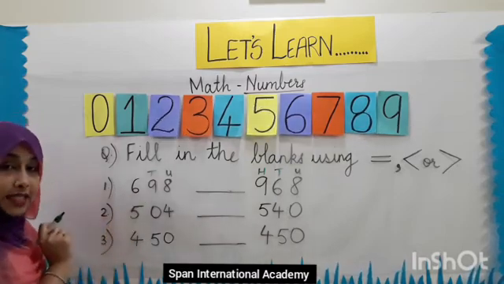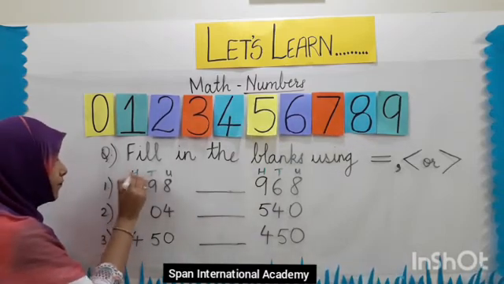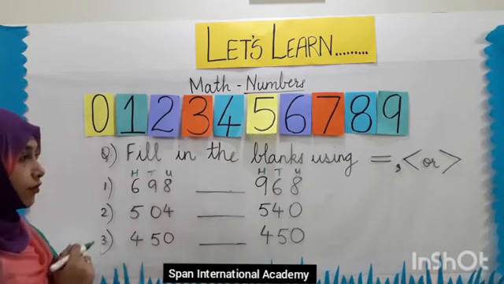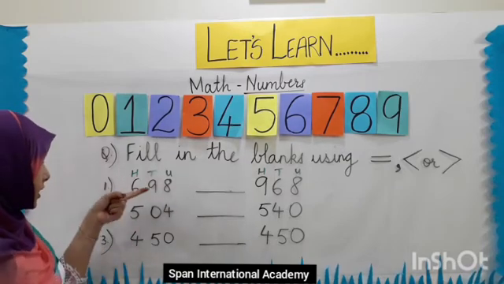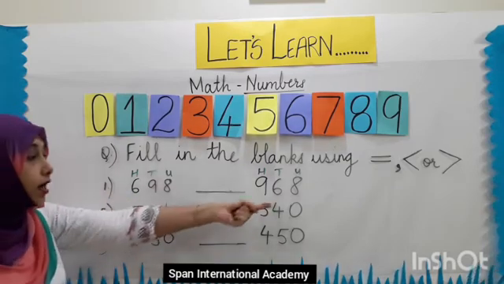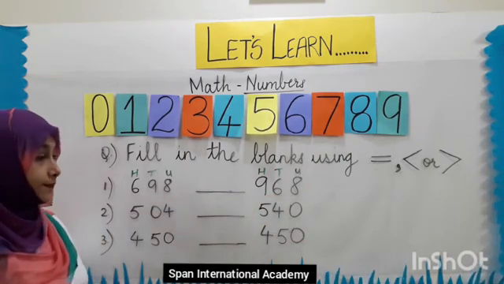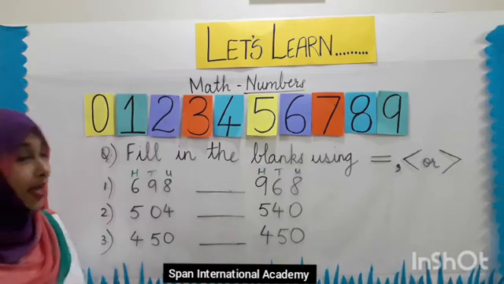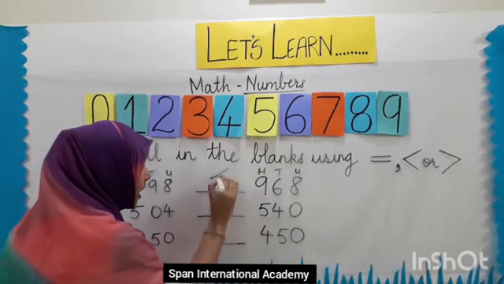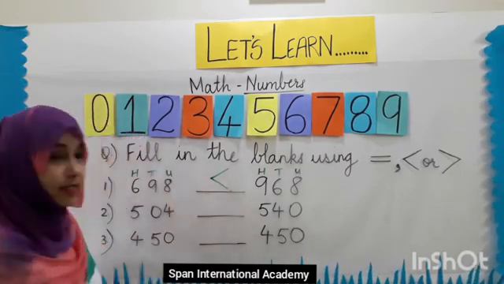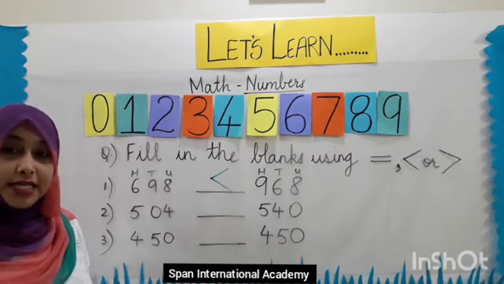And here I have 6 in the hundreds place. So which number is greater, grade 2? 698 or 968? Think. Yes, you are right. It is 968.